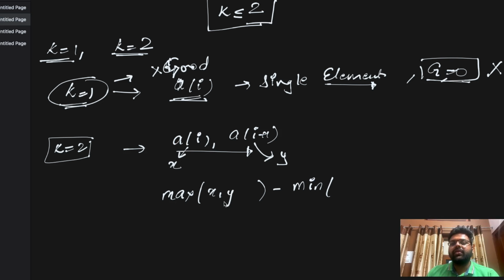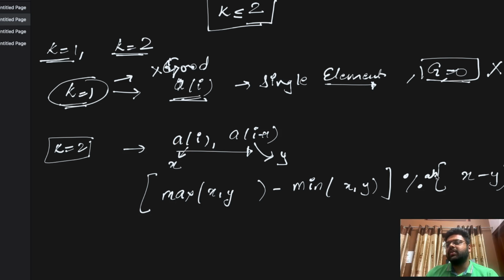So the maximum of x comma y minus the minimum of x comma y should be divisible by their difference. What is the difference? X minus y, the absolute value of this. If this is true, then I can say this subarray of i and i plus 1 is a good subarray.